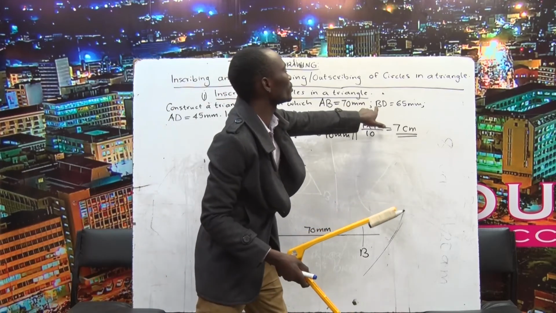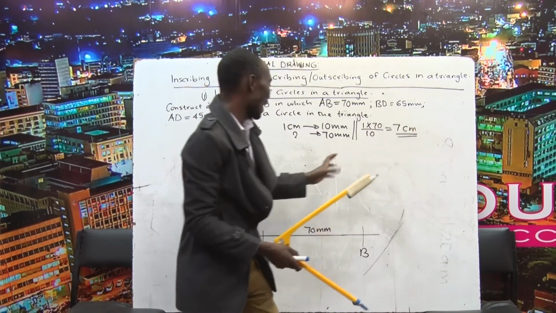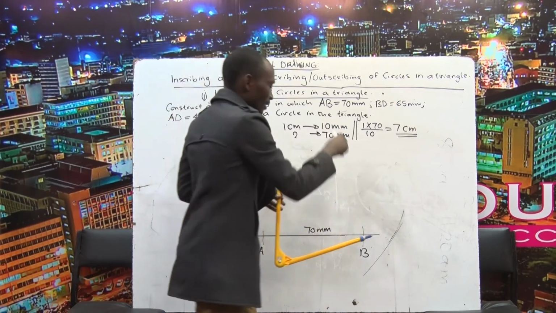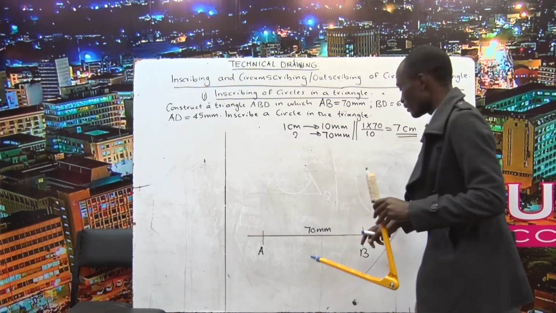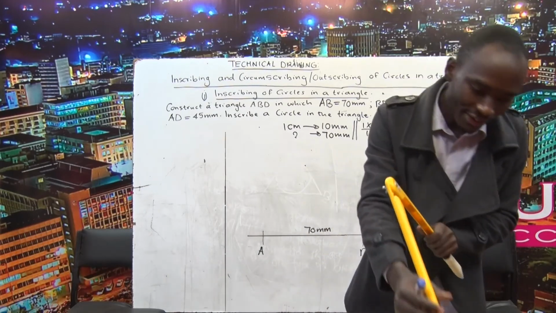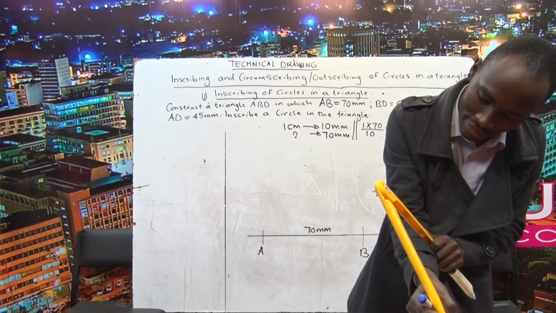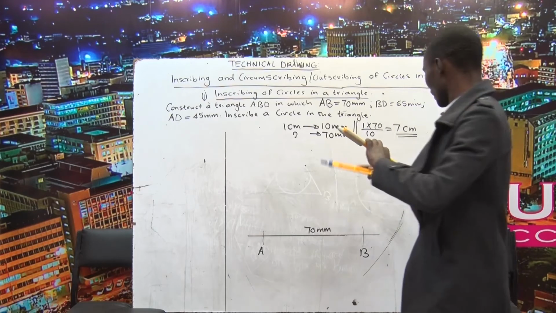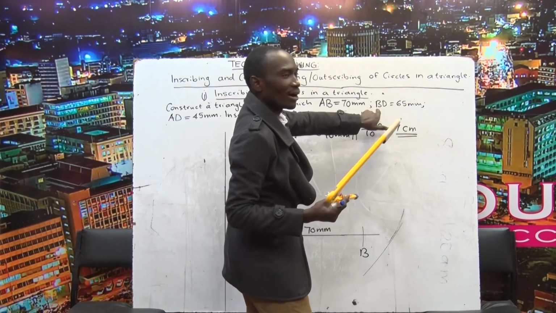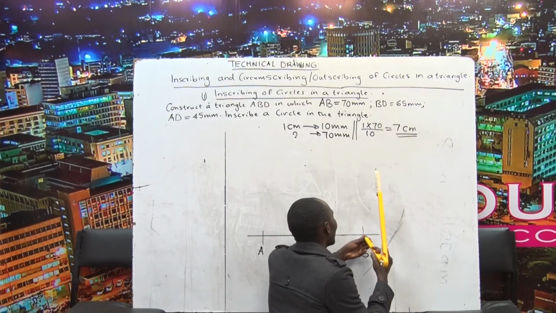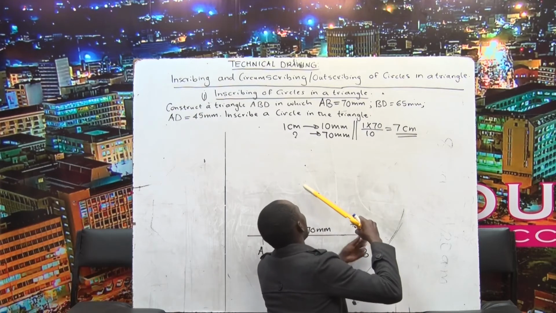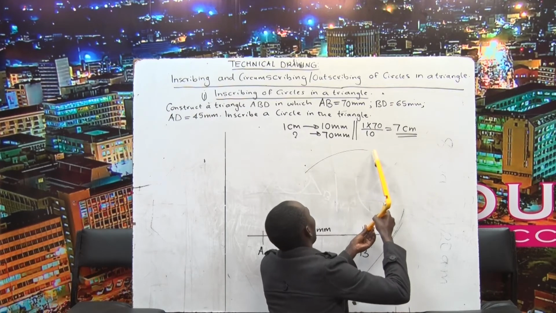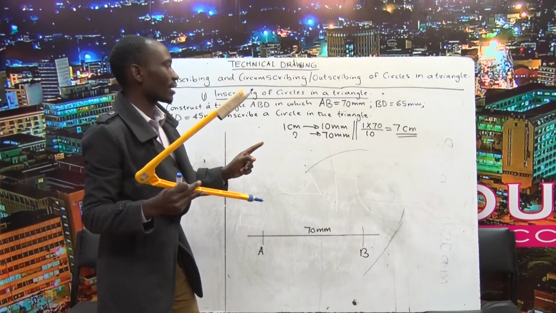You stand at B and measure the 65 millimeters. Starting at B, I stand here and make an arc.